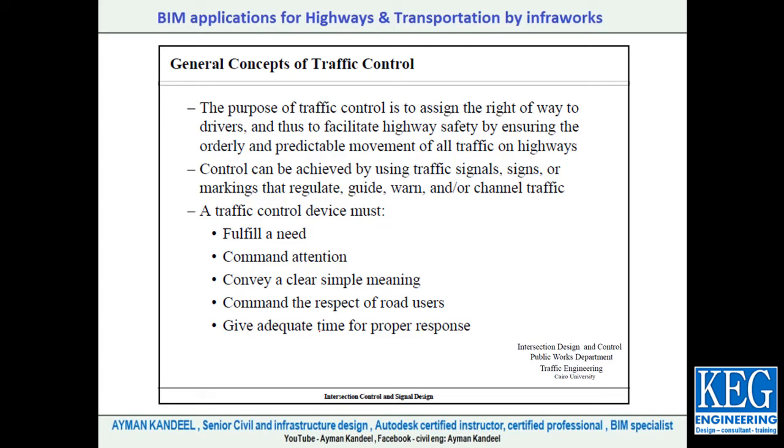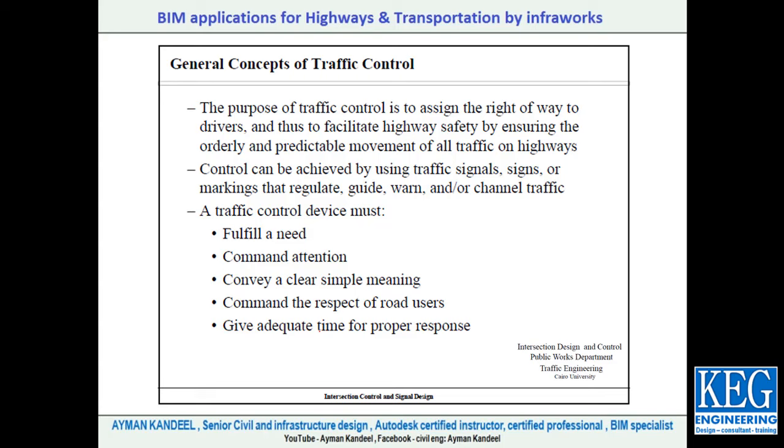The purpose of traffic control is to assign the right of way required for the drivers and thus to facilitate highway safety by ensuring the order and predictability of the movement of traffic. Okay, so we have many different features to control our traffic.